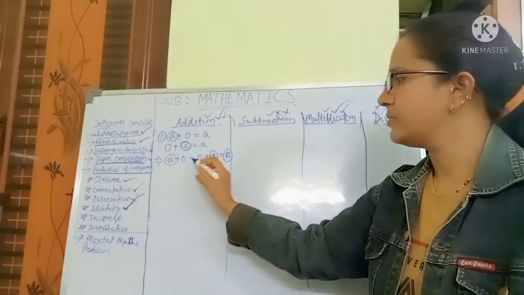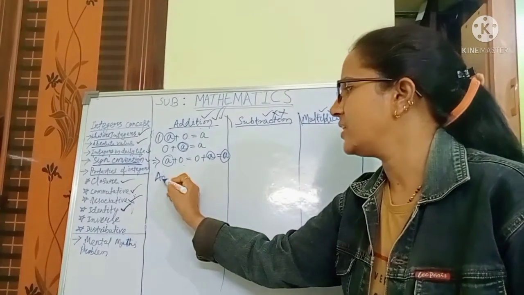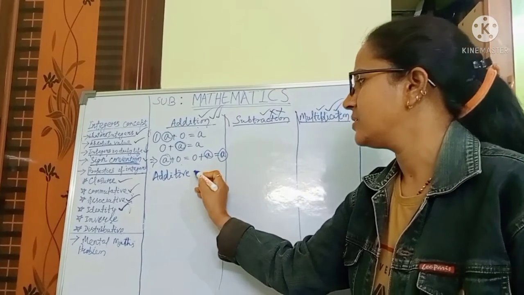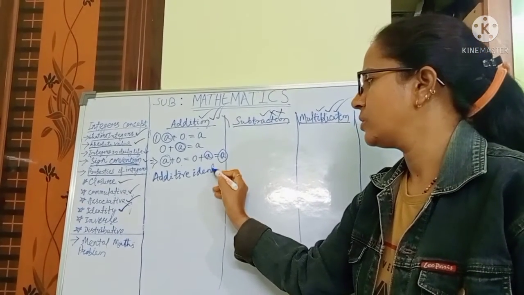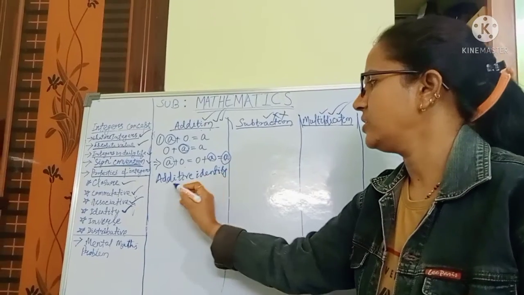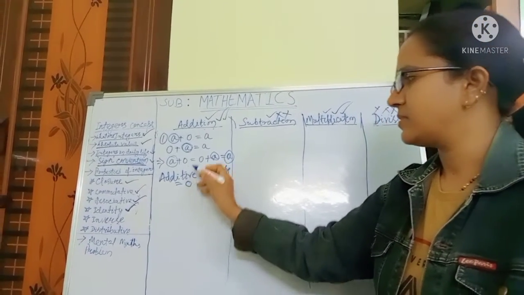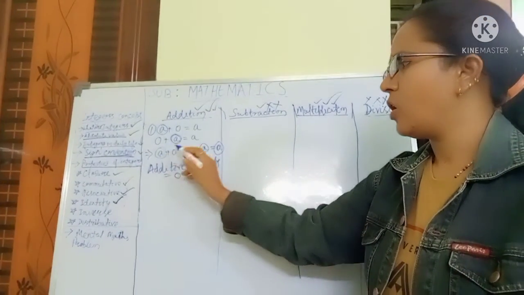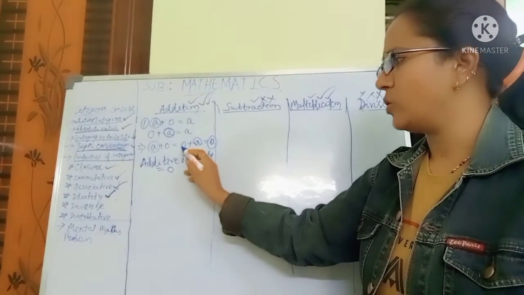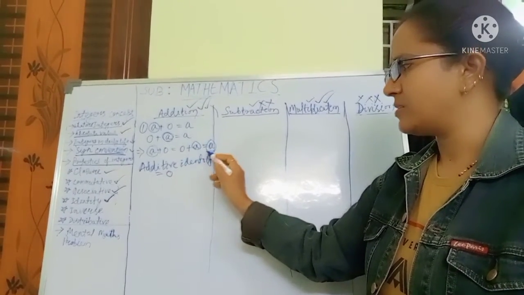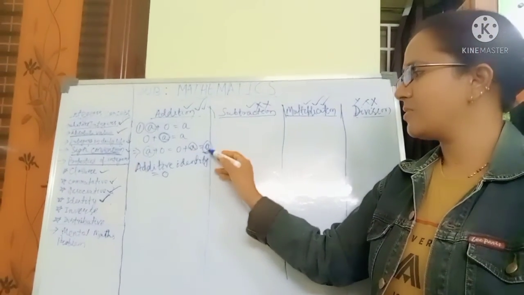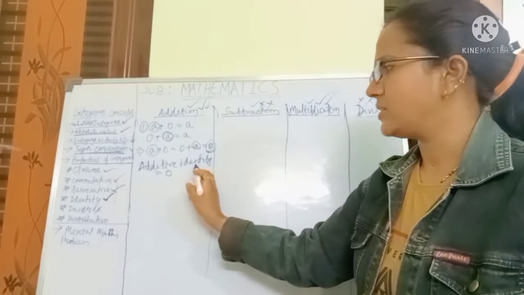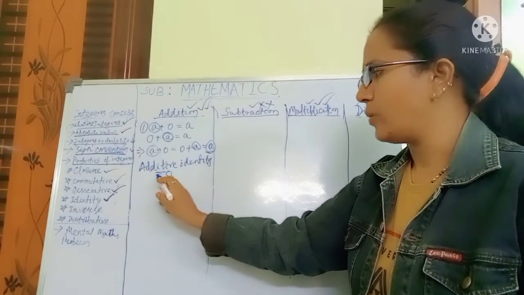The additive identity is 0, because if 0 is added to any integer, or any integer is added to 0, we get the same integer. So the integer value will not lose its identity. The additive identity is always 0.